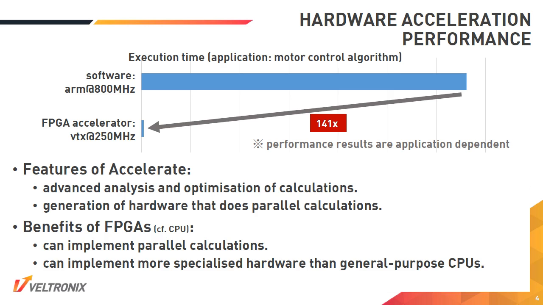What made this performance increase possible is the combination of features of Accelerate and benefits of FPGAs. Accelerate is well suited to applications that have large amounts of parallelism and tight latency requirements. FPGAs can be programmed to perform calculations in parallel and to do specialized calculations that general-purpose hardware such as CPUs are not well suited for.